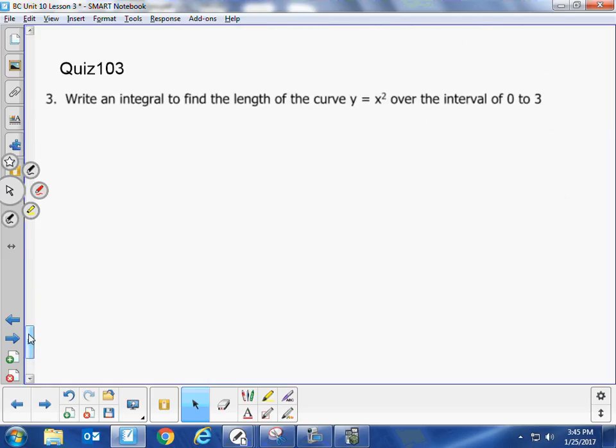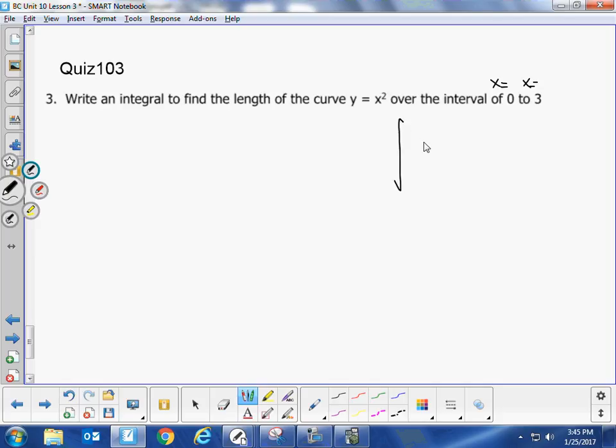Okay? Well, look at your quiz that I just gave you. Look at number 3. Now we have a rectangular graph, y equals x squared. You're asked to find the length of the curve y equals x squared over the interval of x equals 0 to x equals 3. They just say 0 to 3. It should be x equals 0 to 3. Again, how are you going to remember the formula? Well, think about it.